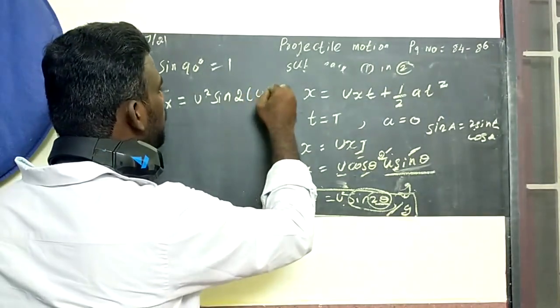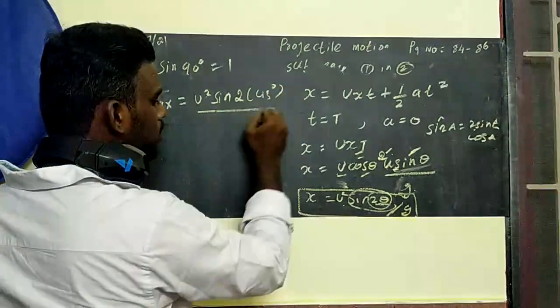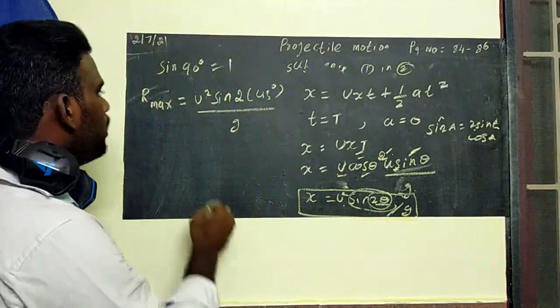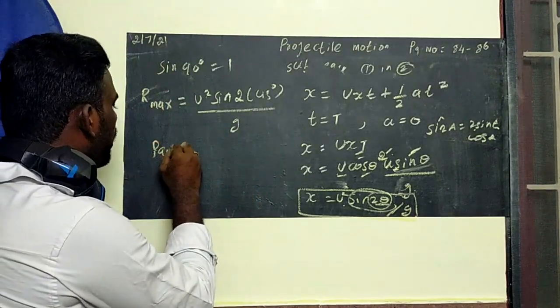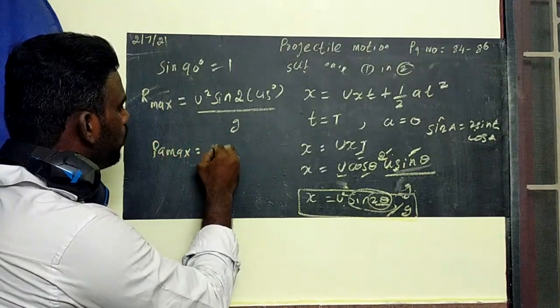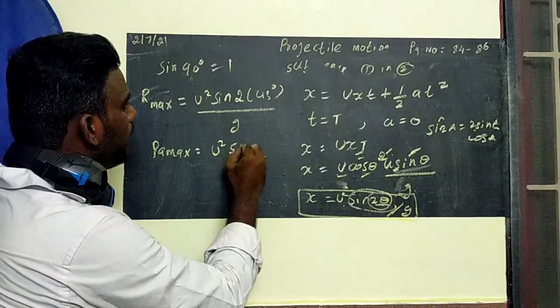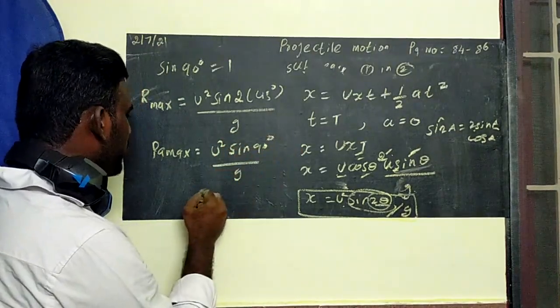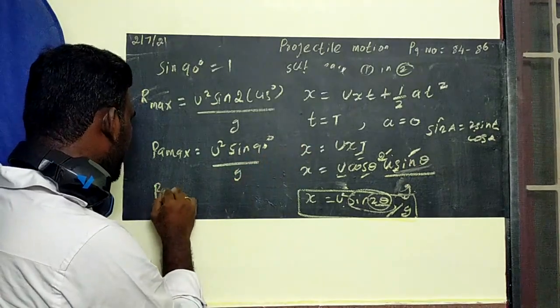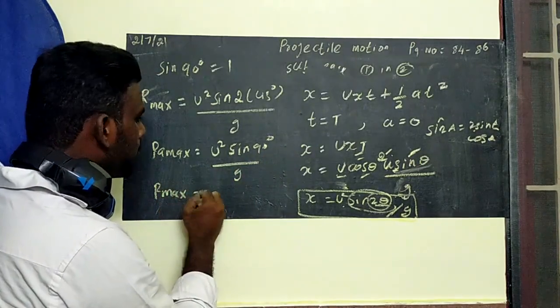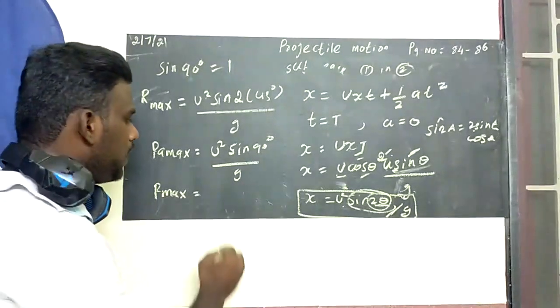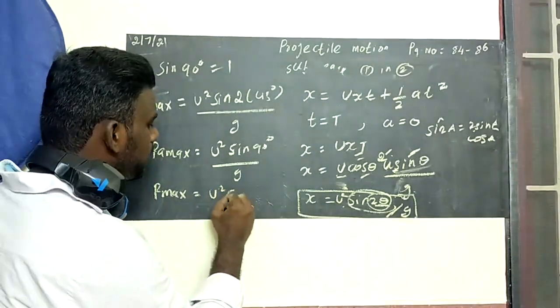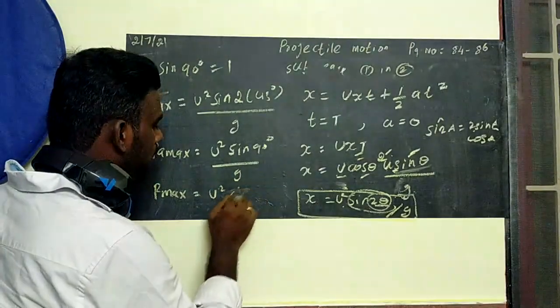So I can write the horizontal range maximum, R max, will be equal to u square sine 90 degree divided by g. Sine 90 has the value 1. So the horizontal range will be maximum when theta is equal to 45 degree, that is u square divided by g.